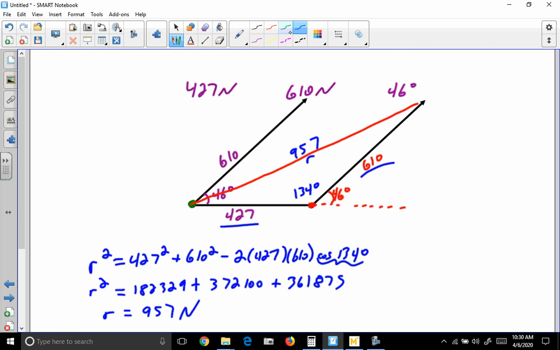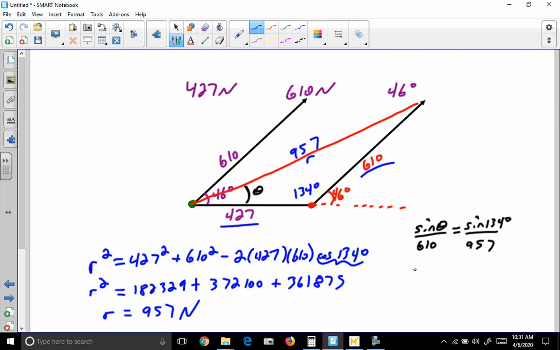So then we also want to find the angle that the resultant makes with the smaller force. So here's the smaller force, here's the resultant. So we need that angle. We have an angle-side pair, so we can use the law of sines to get theta. So sine theta over 610 equals sine 134 over 957.